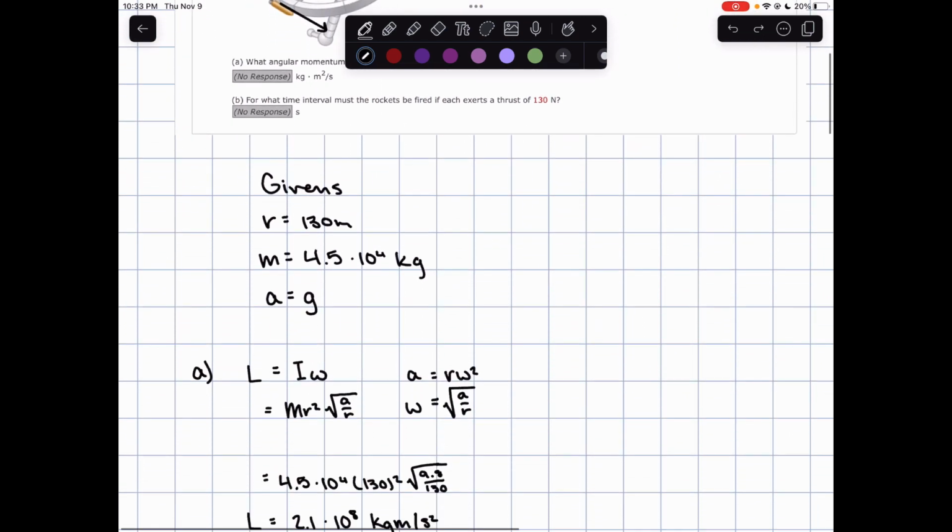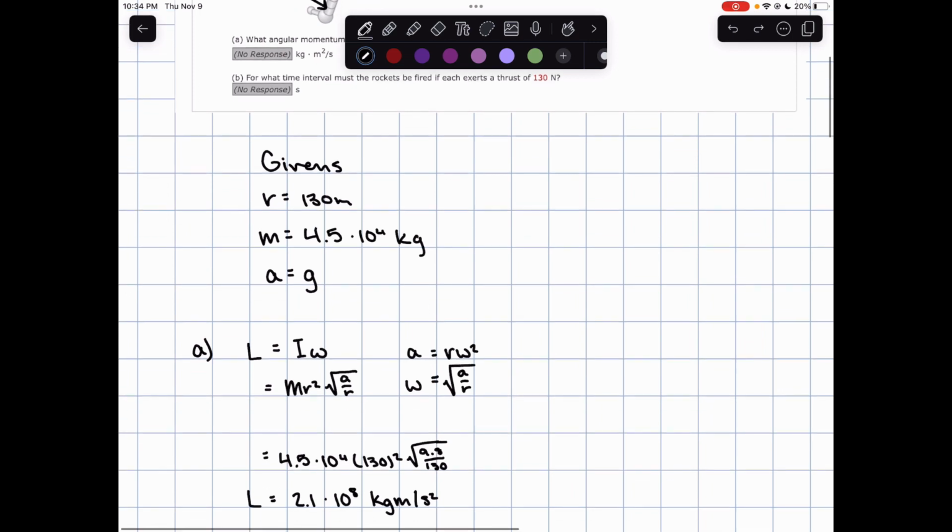Well, we're going to start with the equation for angular momentum, L equals moment of inertia times angular velocity. But in this problem, we are not given angular velocity, so we must substitute.